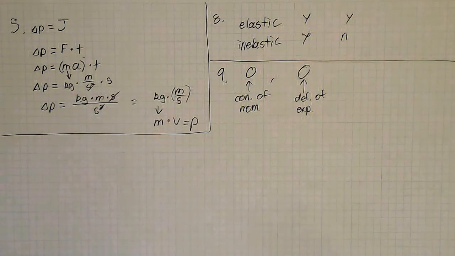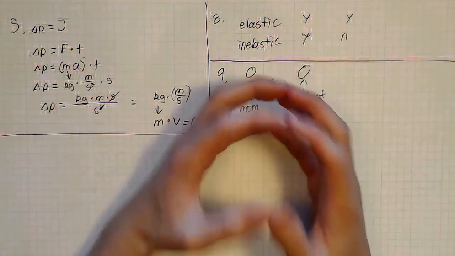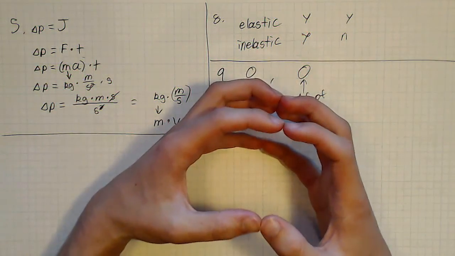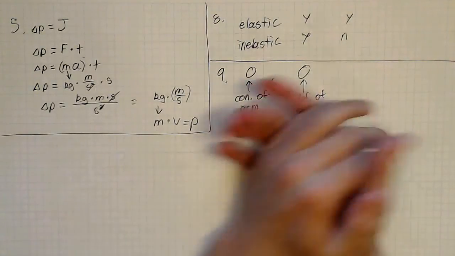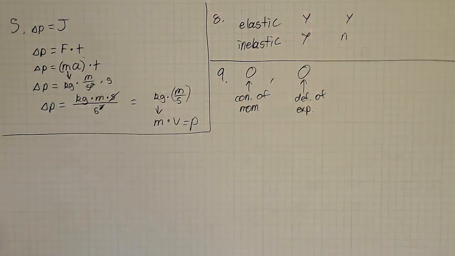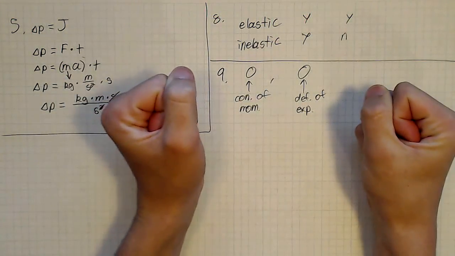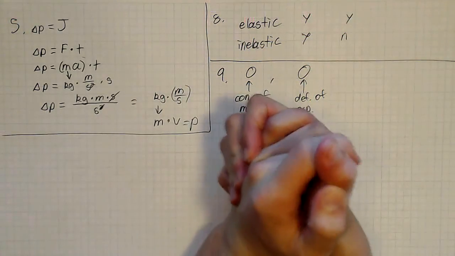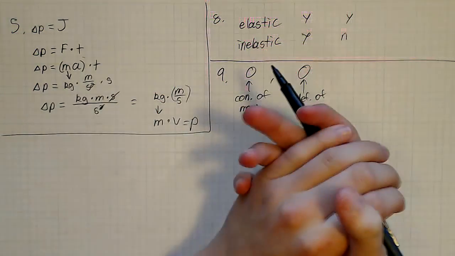If you have a bomb, and it's just sitting there, it has a velocity of 0, so its momentum is 0, because momentum is equal to m times v. And it explodes, now each of these little fragments has momentum, but since they're in the opposite direction, and momentum's a vector, when you add them together, you get 0, right back where you started. So that's kind of 2 concepts wrapped up into one.